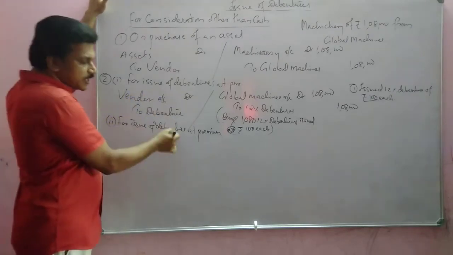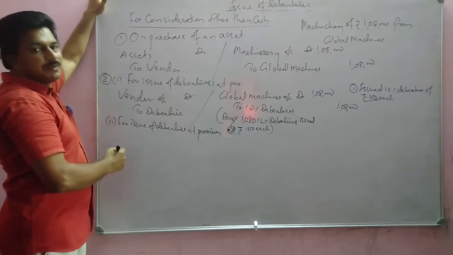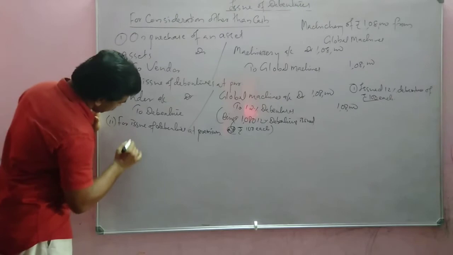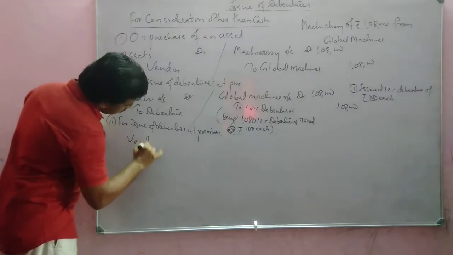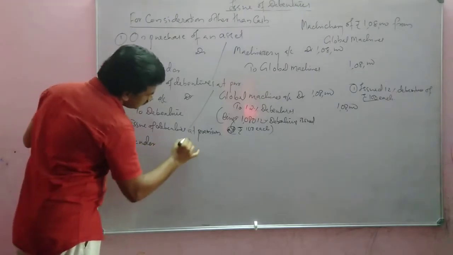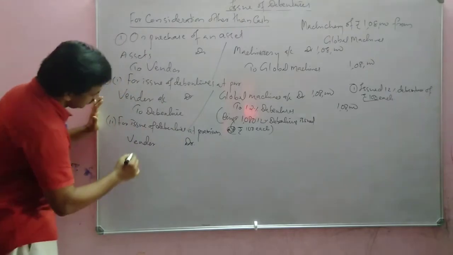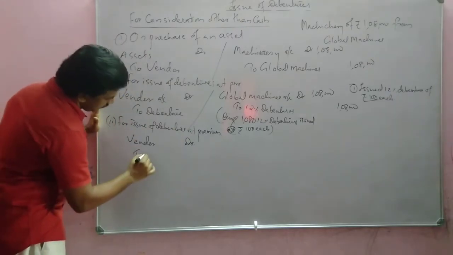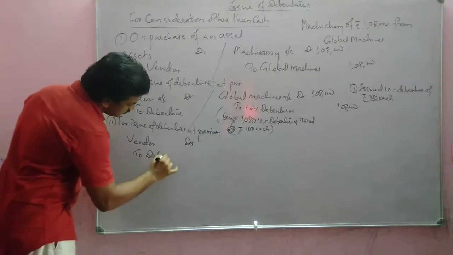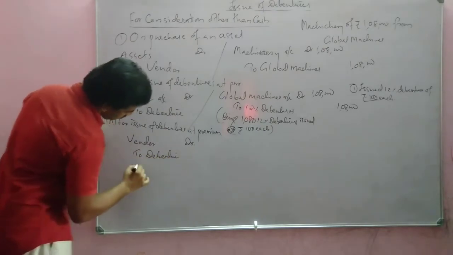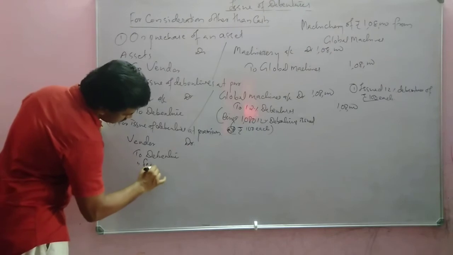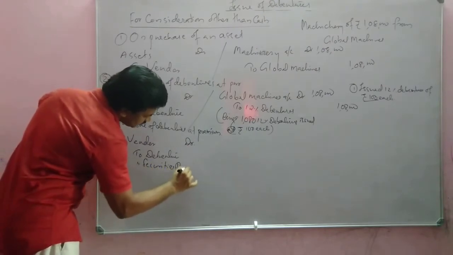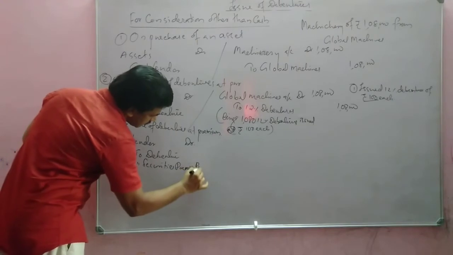We are not issuing at par but issuing at a premium. So what will be the journal entry? Vendor debtor to debenture to securities premium reserve.